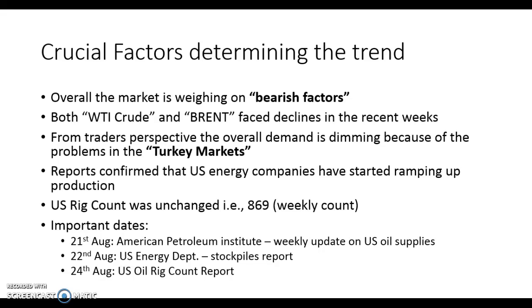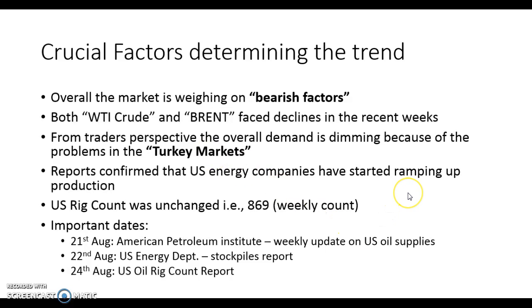And also, from the traders' perspective, as all of you know, the Turkey markets are currently experiencing a downtrend. So what the macroeconomic factors are indicating today is that there can be a slight sluggishness in the overall demand, and the weakness in the Turkey markets can also point towards a decline in the overall prices of crude.